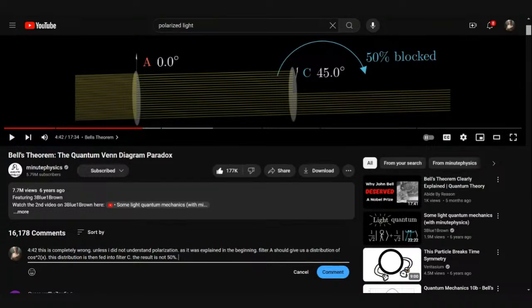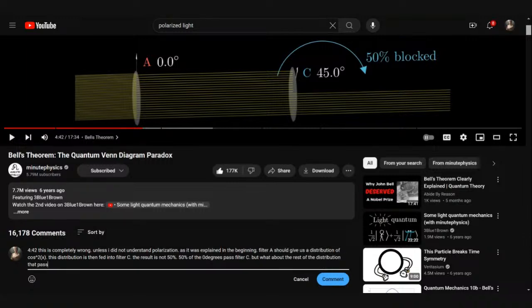I mean, 50% of the 0 degrees pass filter C. But what about the rest of the distribution that passed filter A?